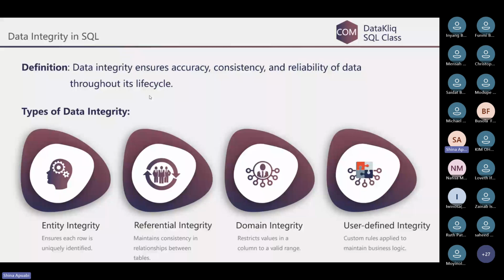So in other words, data integrity ensures that data in the database are accurate, consistent, and reliable from the moment it enters, so that you will not say there was a migration I did and I noticed some of this data is not there. No. We must ensure that the integrity is there until the time we are no longer using the data, which is the life cycle.